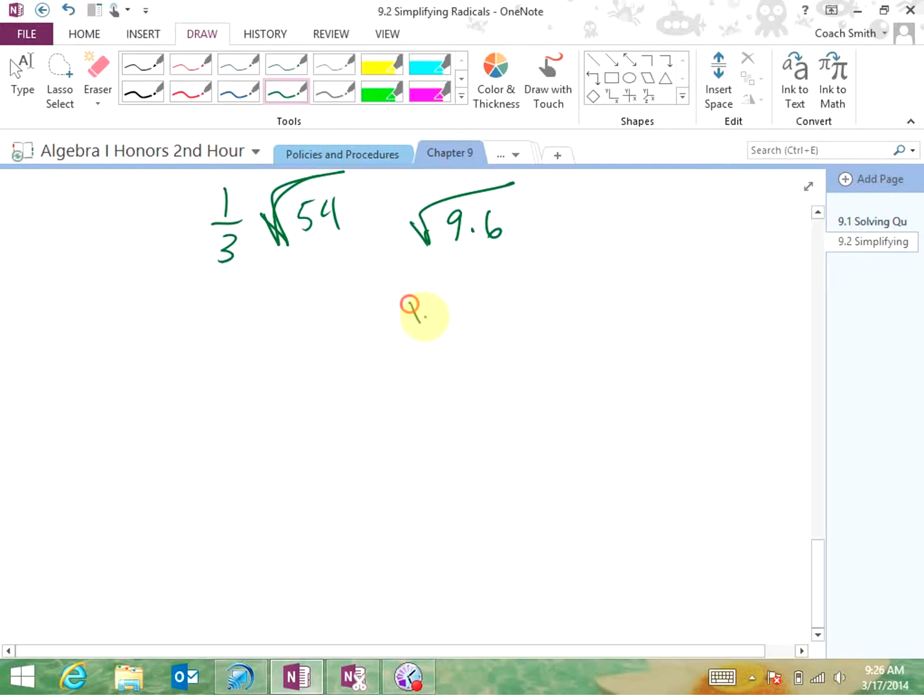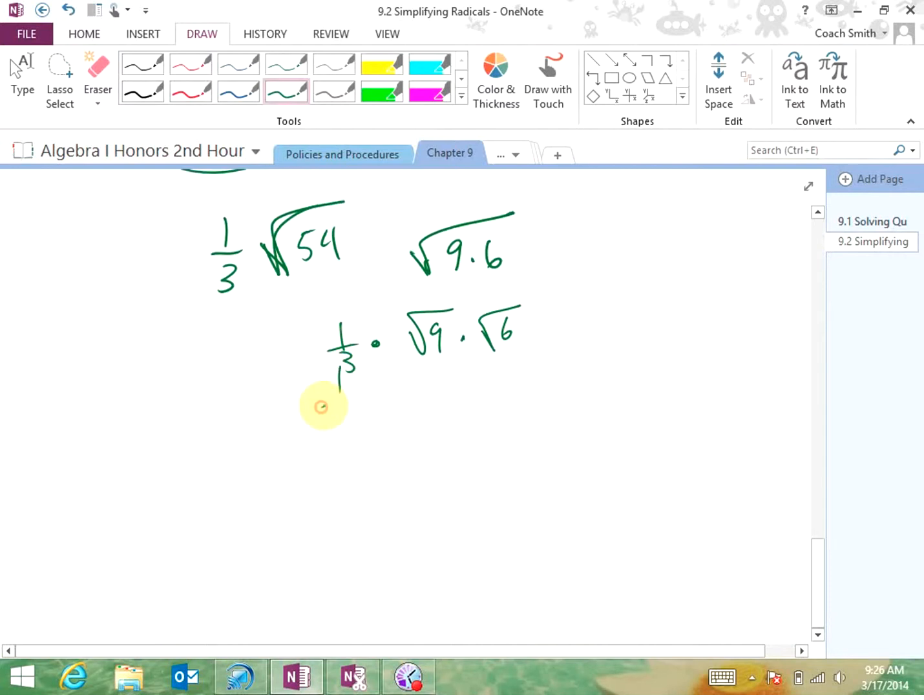So that means I take the square root of 9 times the square root of 6 times 1/3. Well, 1/3 times square root of 9 is 3 times the square root of 6. Well, 6 is 2 times 3. You can't square that. So 1/3 times 3 is 1 times square root of 6, which is this square root of 6.